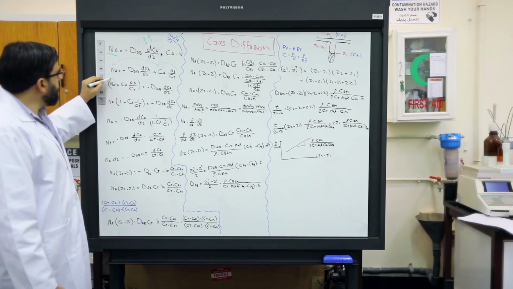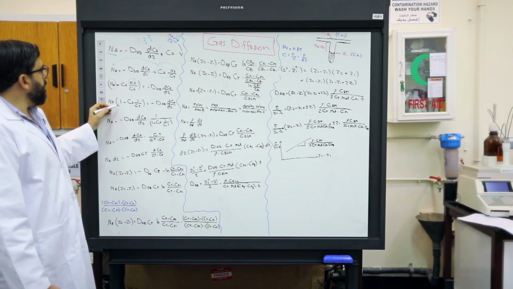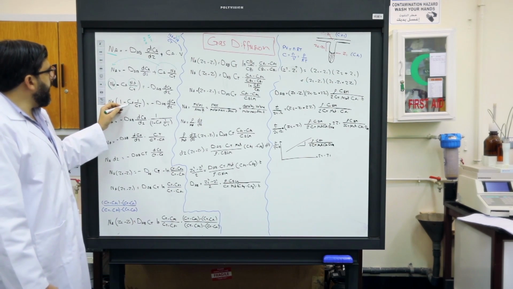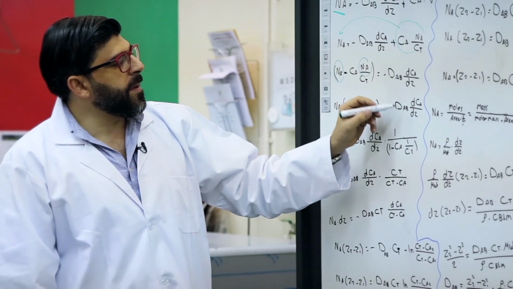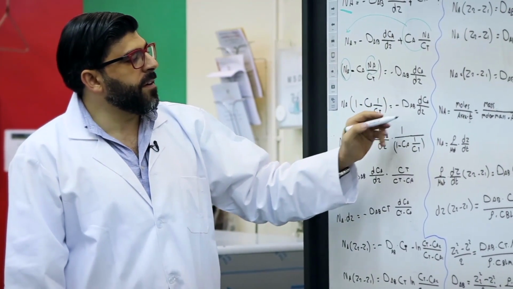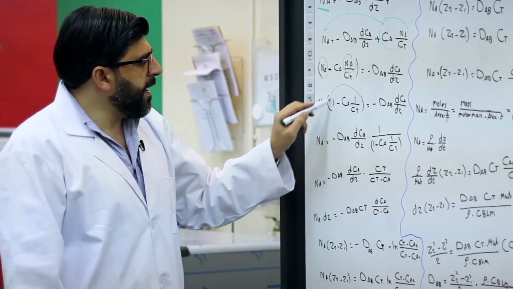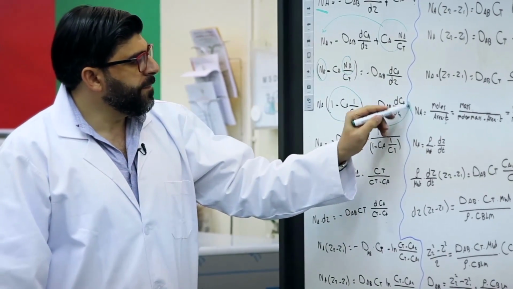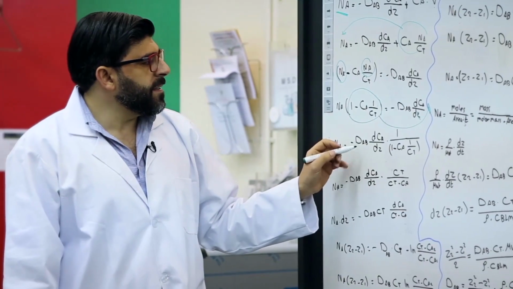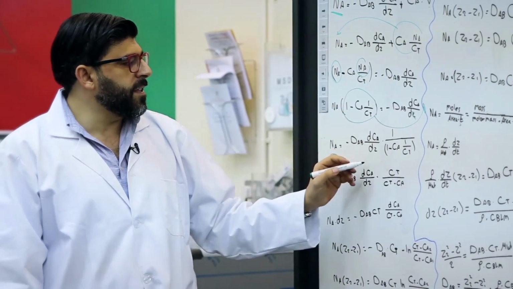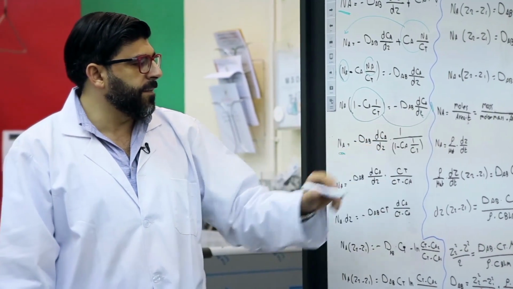Now let's take N_A as a common factor. So N_A times (1 minus C_A over C_T) will be equal to minus D_AB dC_A over dz. Again I can move this part here, so N_A, the flux of A, will be minus D_AB dC_A over dz times 1 over (1 minus C_A over C_T).